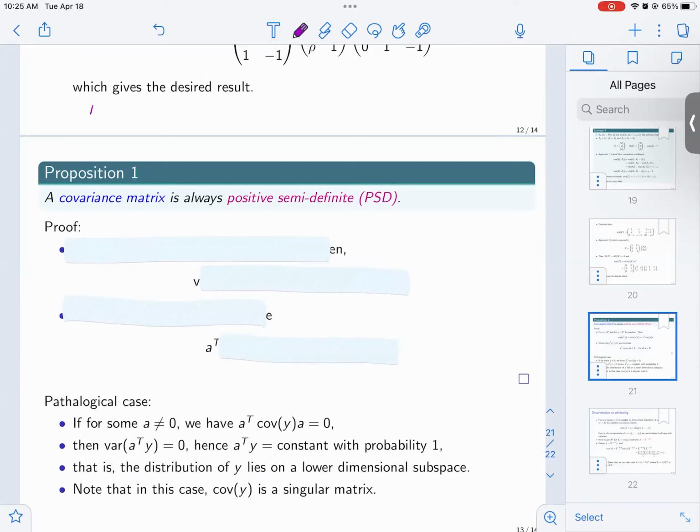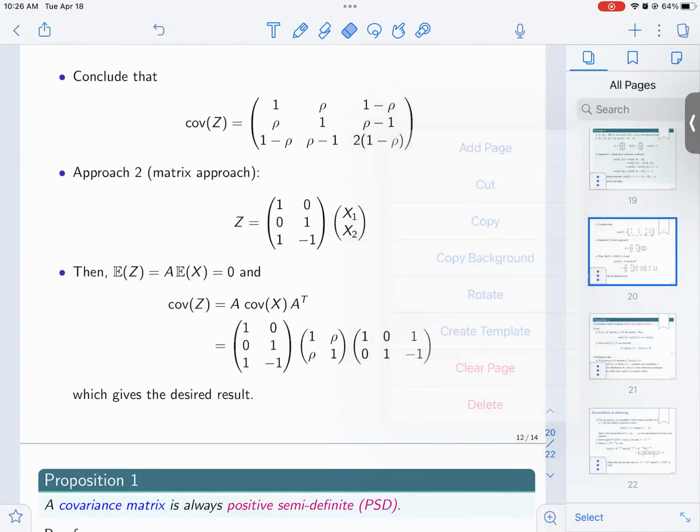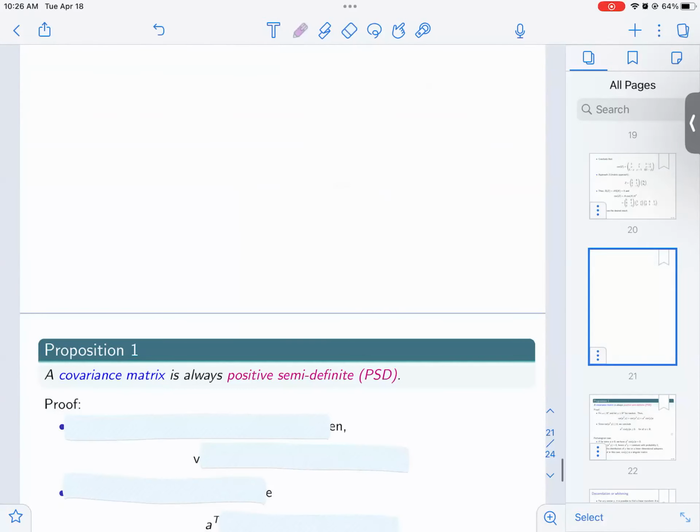Let's write it down, so a PSD matrix has all entries non-negative. That's what it is. Write it down because it's important. A PSD matrix is a matrix whose elements are all non-negative.